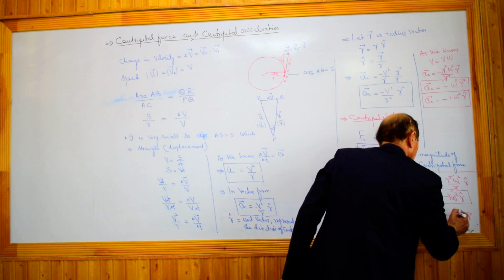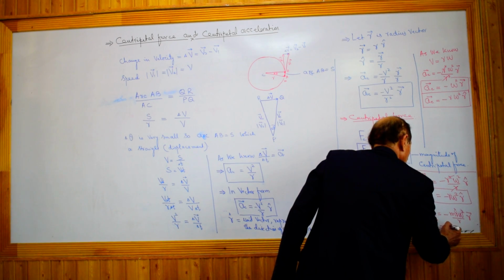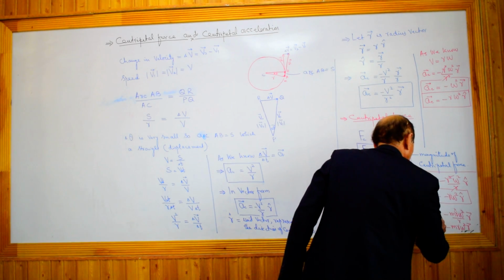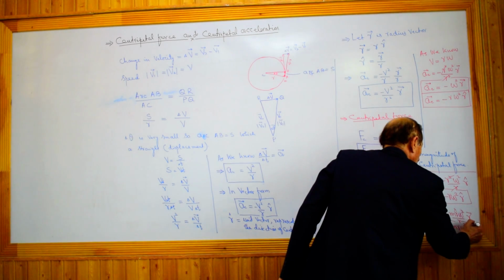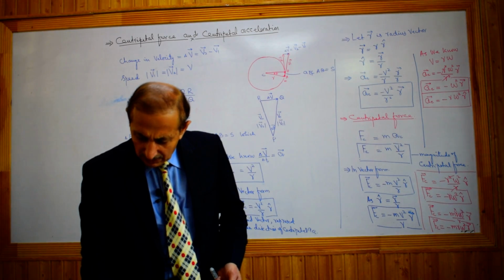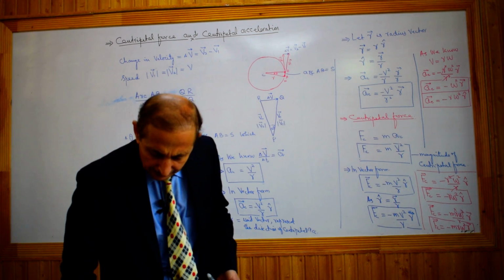So centripetal force is equal to minus m omega square times the r position vector. So these are the different forms of the centripetal force. So this is the expression for the centripetal force.